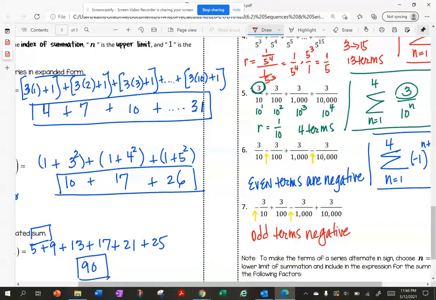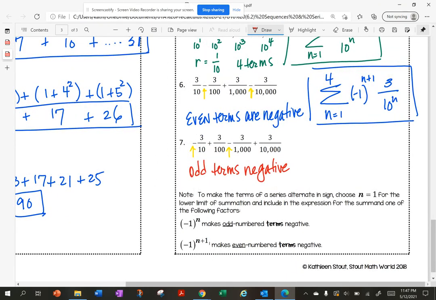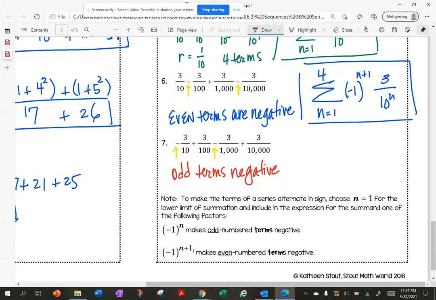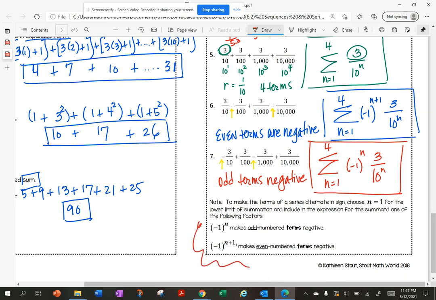So n equals 1 to 4 again, but this time I'm just going to raise negative 1 to the n power. So I have to take into account a couple things going on here. Okay, so here are the summations of those. Okay, that's it.